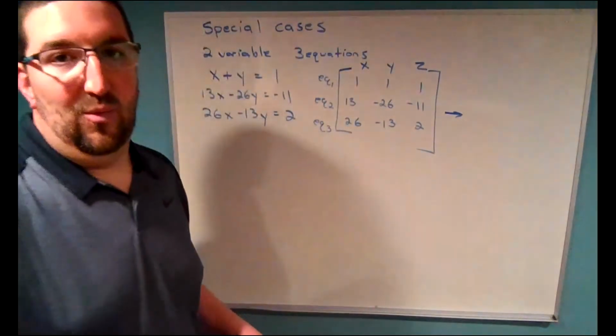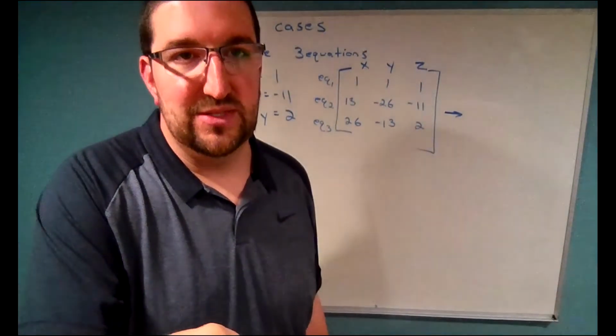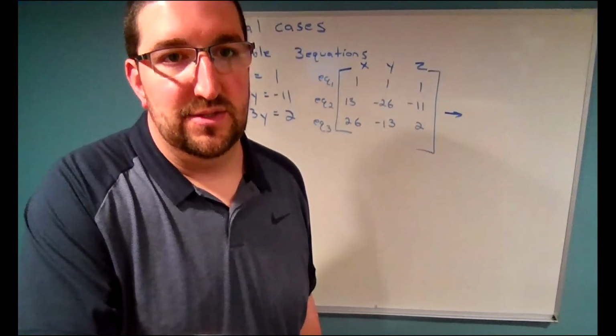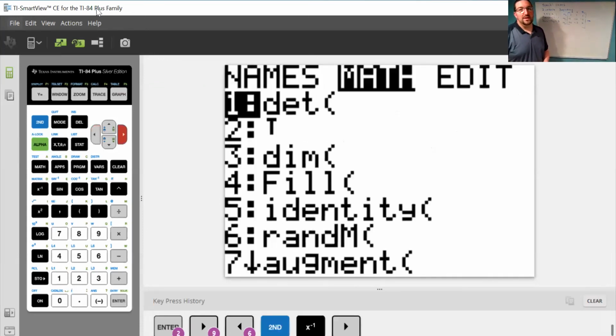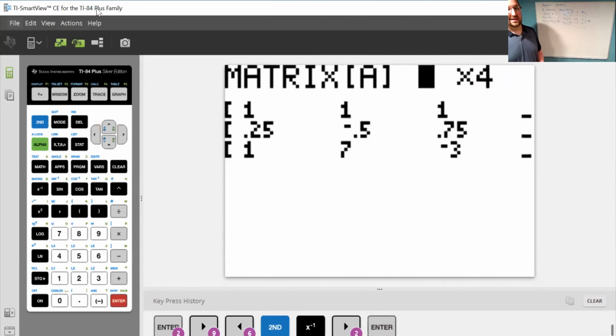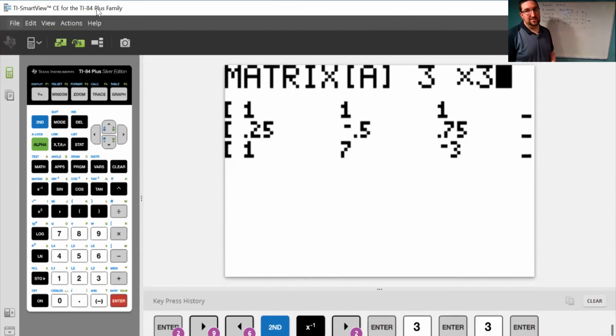So let's look at what that is actually going to look like. And when I go to enter that in, once again, I have to go back into my matrix menu. I have to go to edit. I'm going to edit matrix A. This has 3 rows, 3 columns.